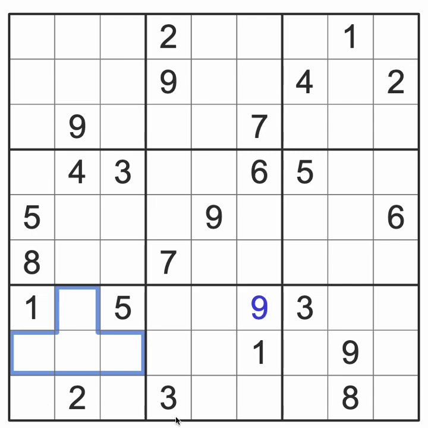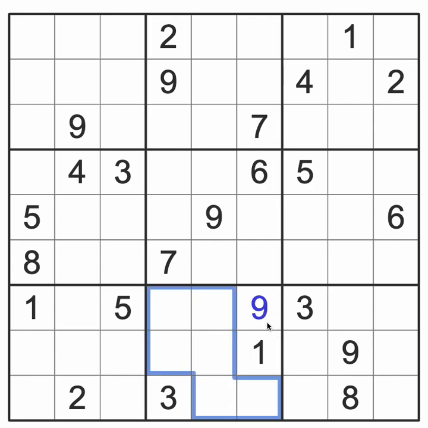So 9 in box 7 will be either here or here, and that means this cannot be 9. And now this 9 blocks here, this 9 blocks here, which makes this the cell for 9.